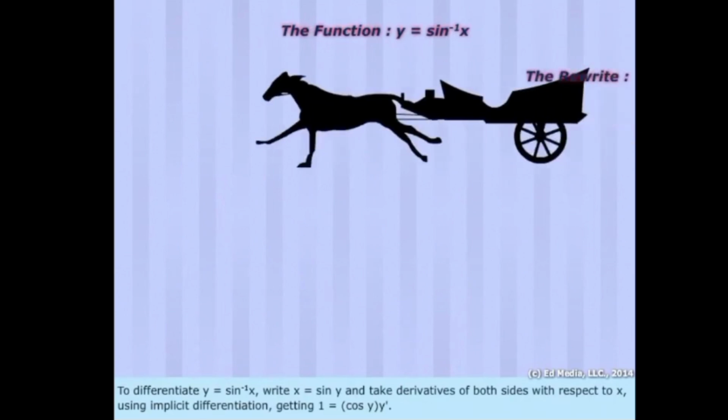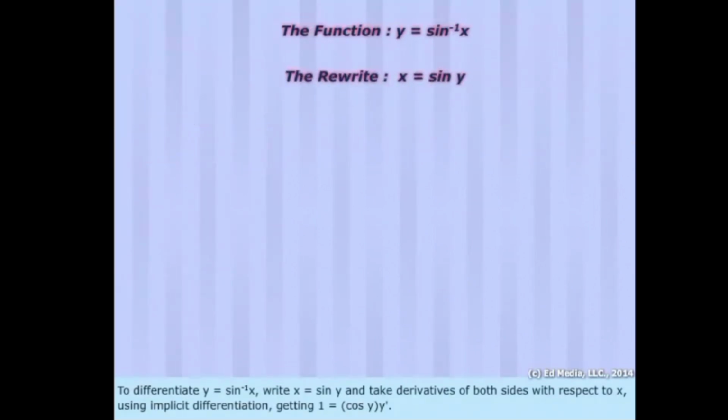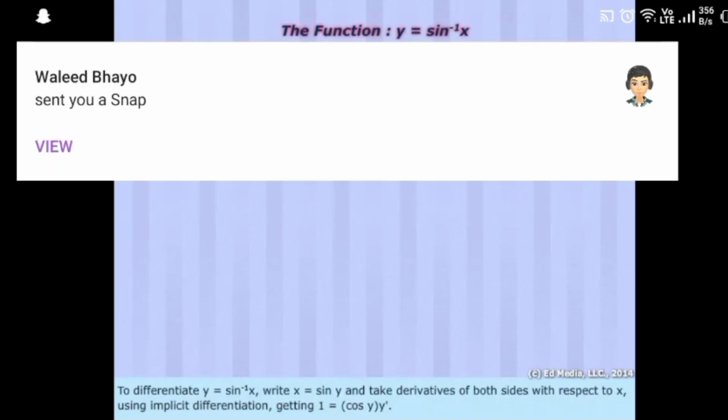To differentiate y equals the inverse sine of x, write x equals sine y and take the derivative of both sides with respect to x, using implicit differentiation, getting 1 equals cos y times y prime.